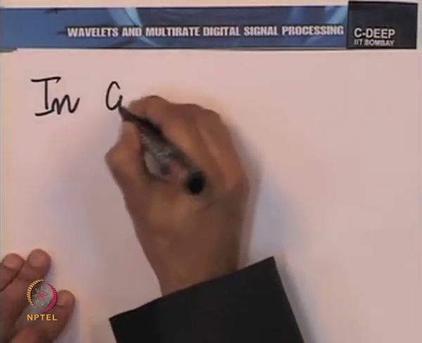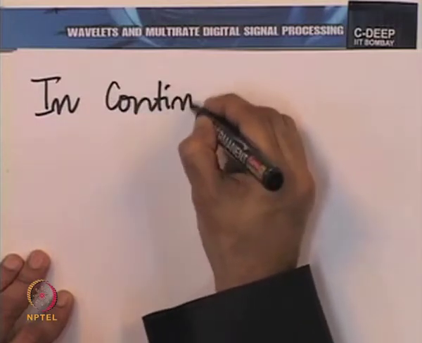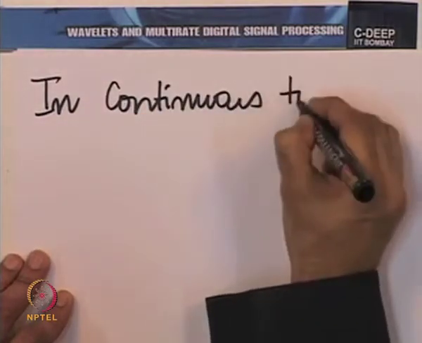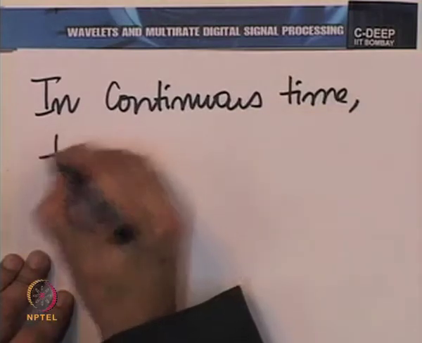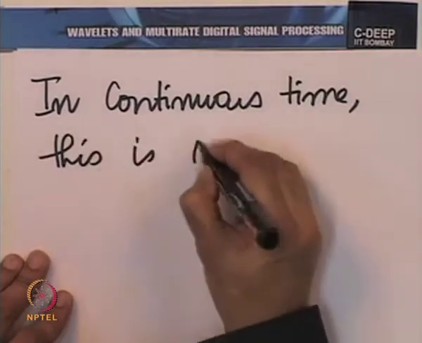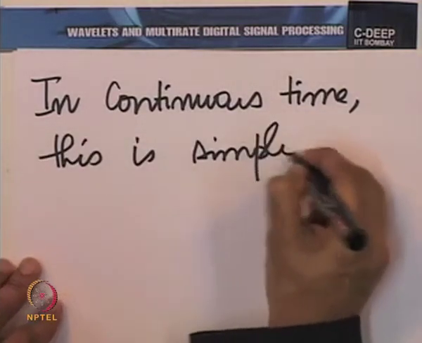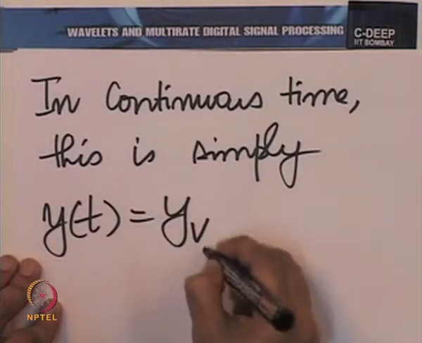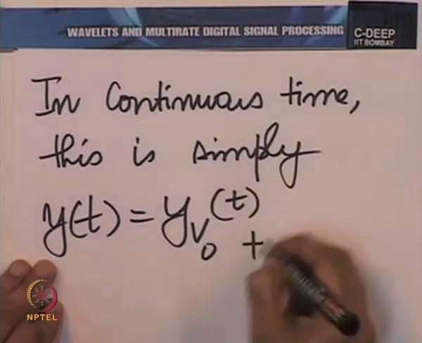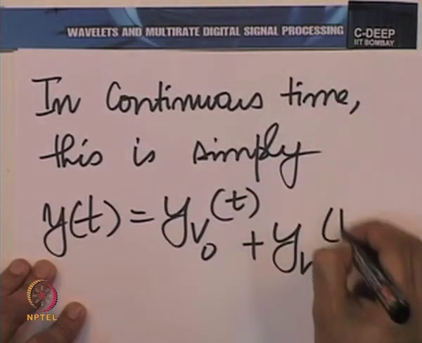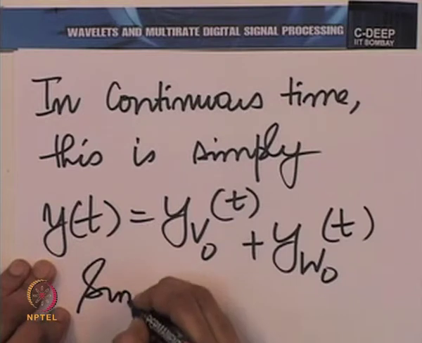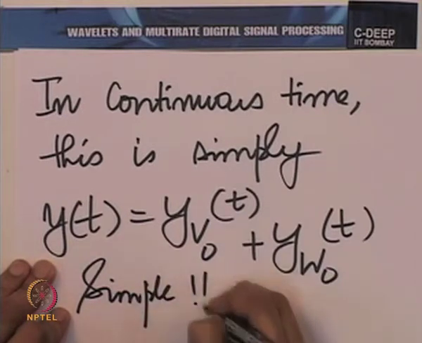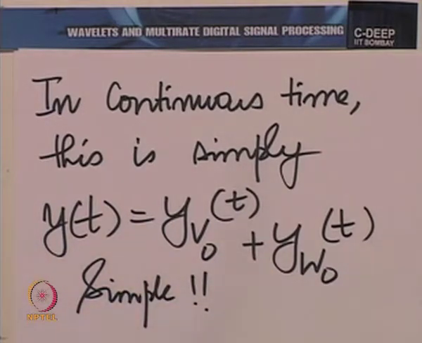In continuous time, this is simply y(t) is yv0(t) plus yw0(t). So simple, you just add them, but that is in continuous time.